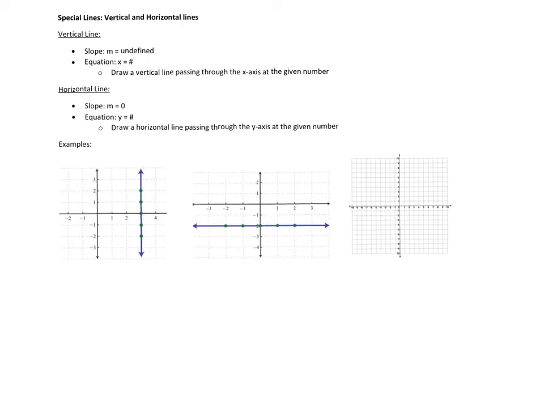What makes them special is that if you think about slope, remember we talked about slope being rise over run. So what's going to make these special is that either the rise or the run is going to have a value of 0. So either we're never rising and only running, or we're never running and always rising. That's going to make these lines a little bit different, a little bit special.